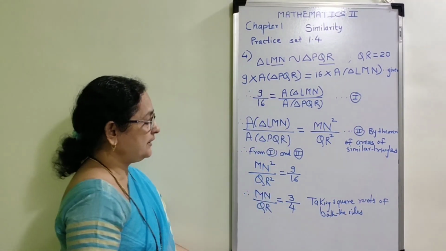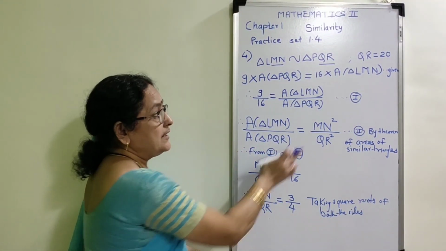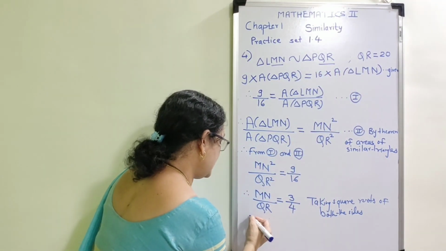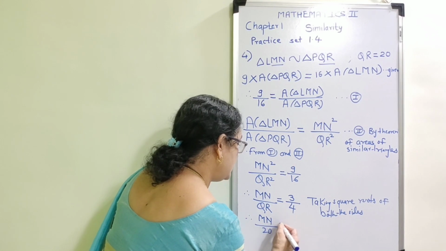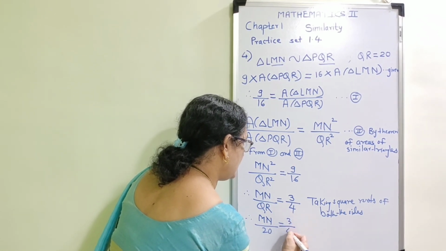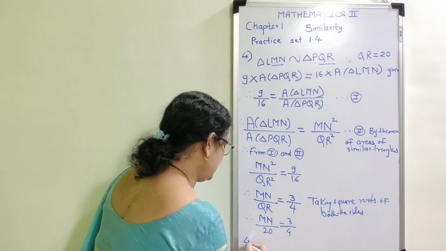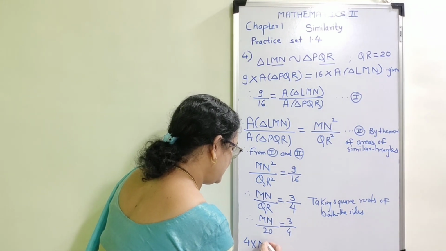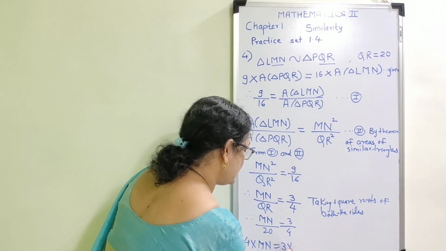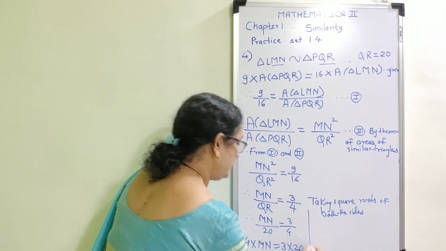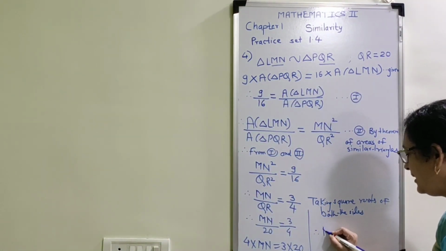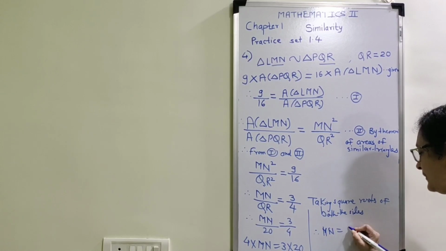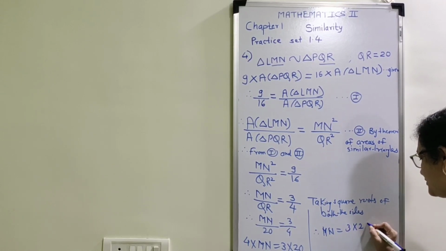Now they have given me value of QR is equal to 20. Substitute that given value. MN upon 20 is equal to 3 upon 4. Now cross multiplying 4 into MN is equal to 3 into 20. Now I can write the last step that therefore MN is equal to 3 into 20 divided by 4.